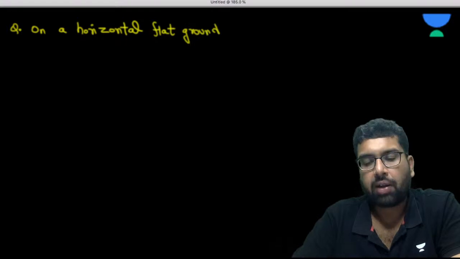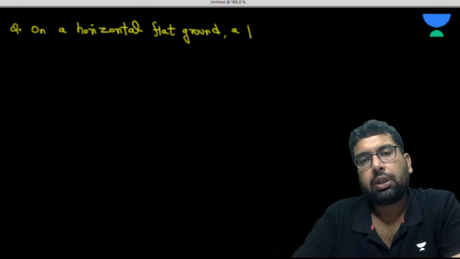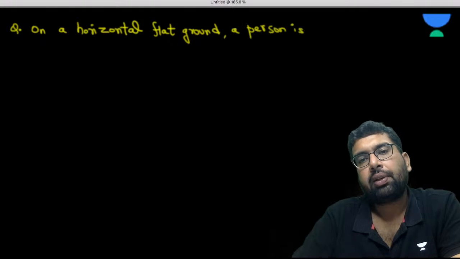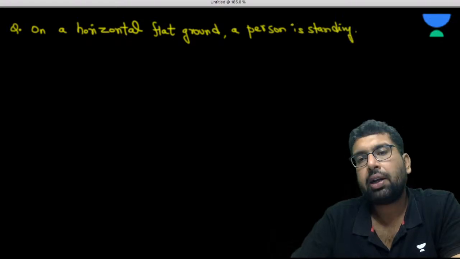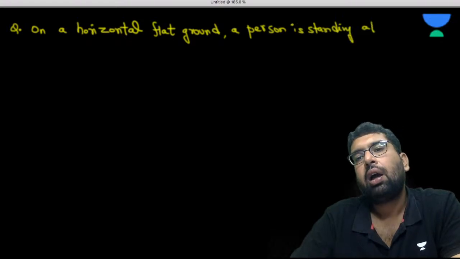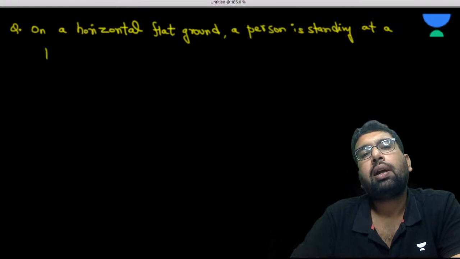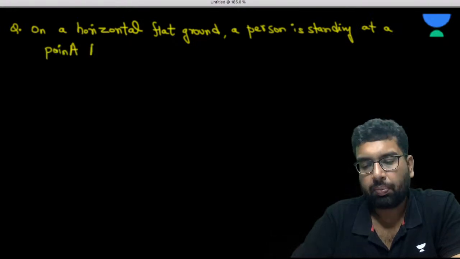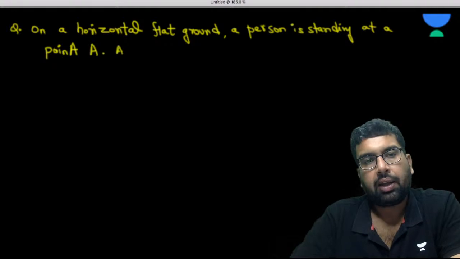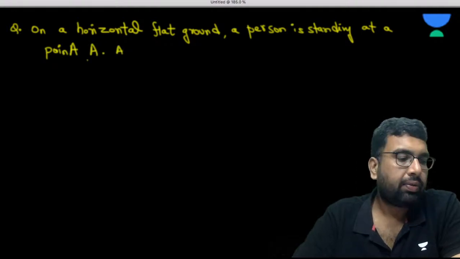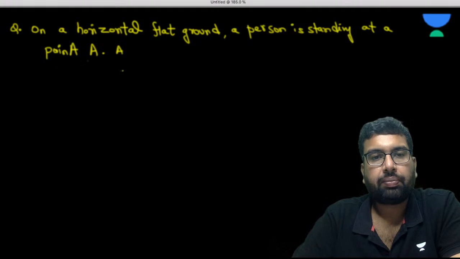On a horizontal flat ground, a person is standing at a point A. It is a very interesting question.